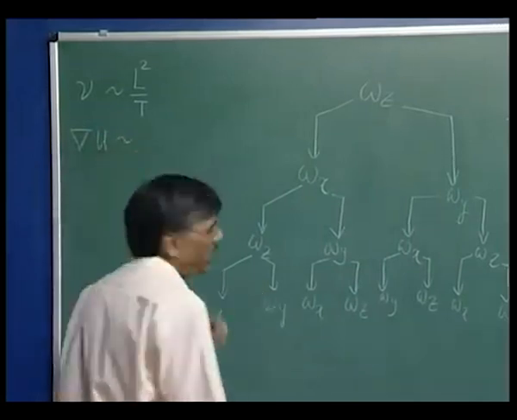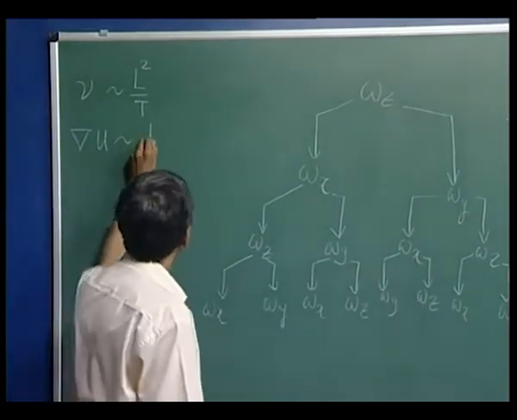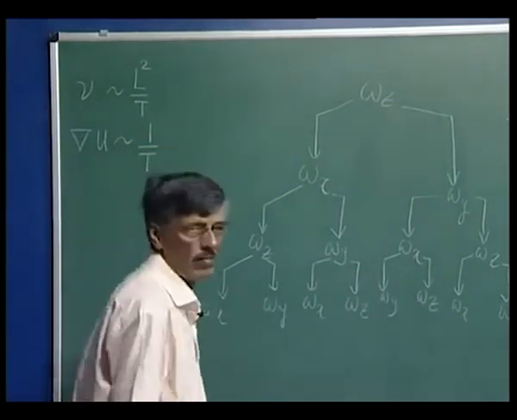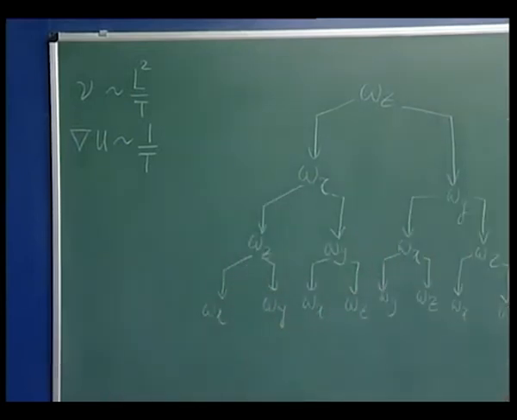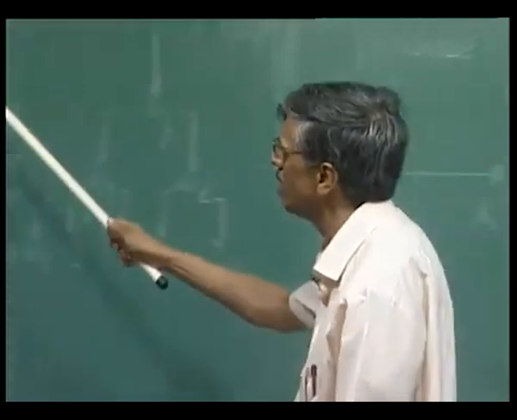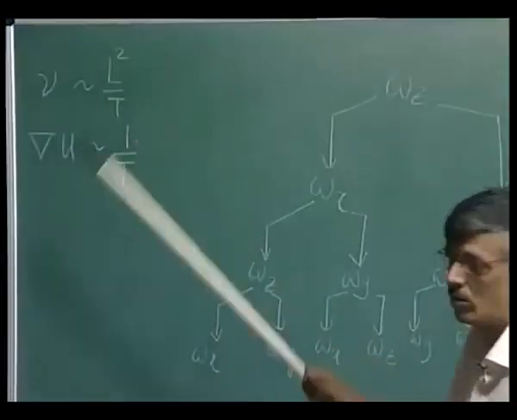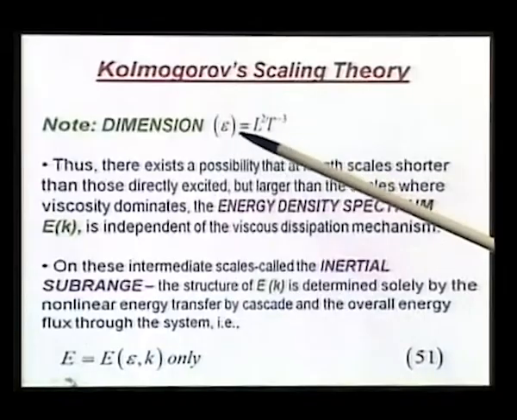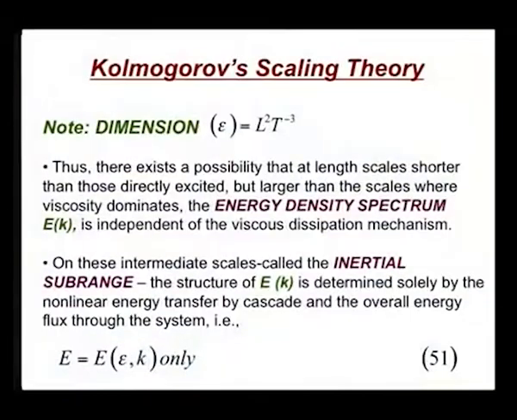What is its dimension? Right. So, what is the dimension of epsilon then? It will go like L square T to the power minus 3, isn't it? That is what we are seeing, this into this squared. So, that is what we say, the dimension of dissipation is L square T to the power minus 3.